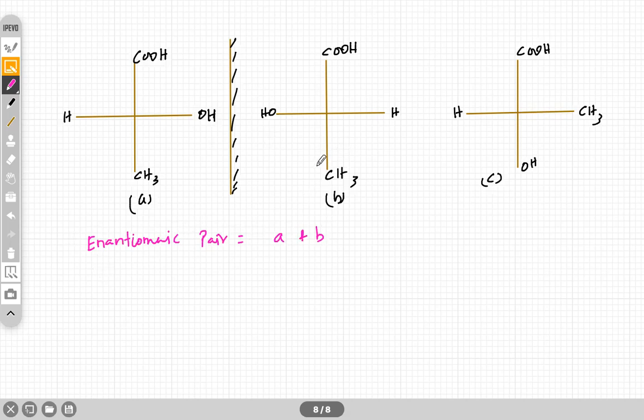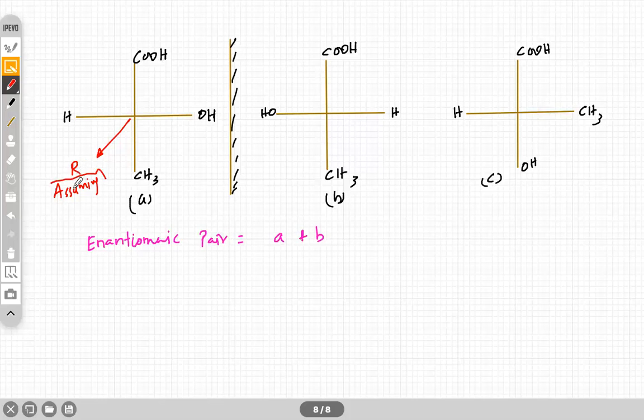Now whenever you get this question, the best way is to find out the configuration. We can find out the exact configuration, but to save time, you don't have to. Suppose randomly I am assuming the configuration of the first molecule is R. Let's not waste our time in finding the actual configuration of this carbon atom.